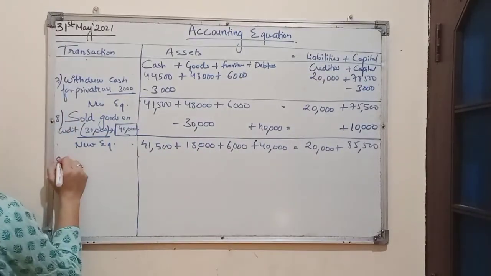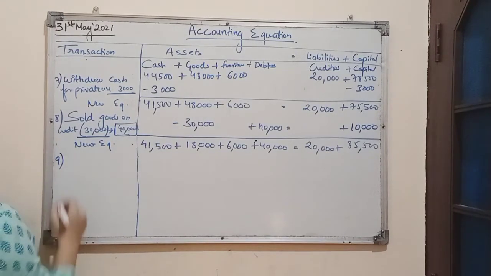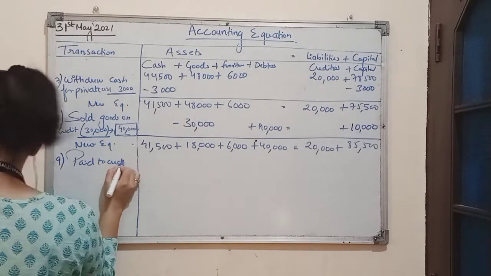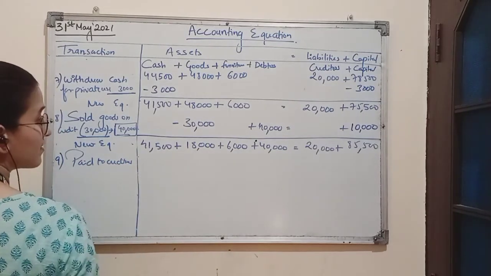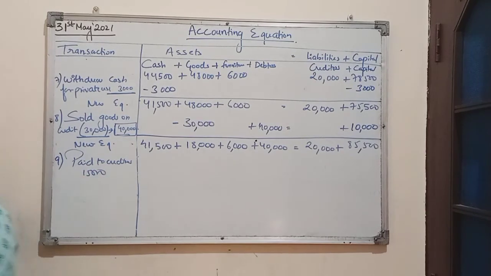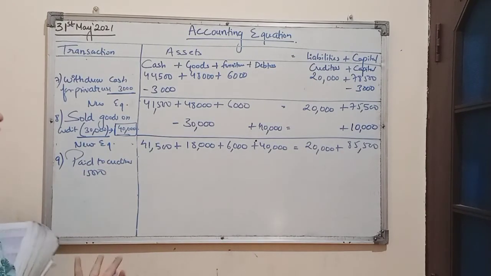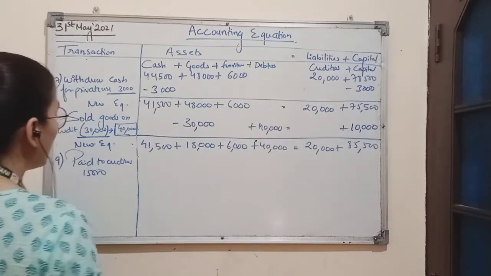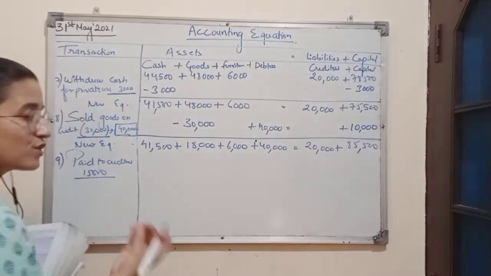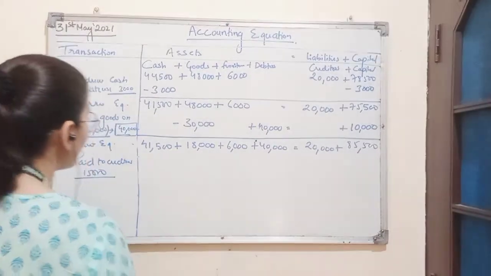Now the last transaction is paid to creditors. Now the amount has been paid to creditors. Amount is rupees 15,000. So we have paid 15,000 to the creditors, and paying creditors means it will reduce the balance of cash because we will pay the creditors in the form of cash only.